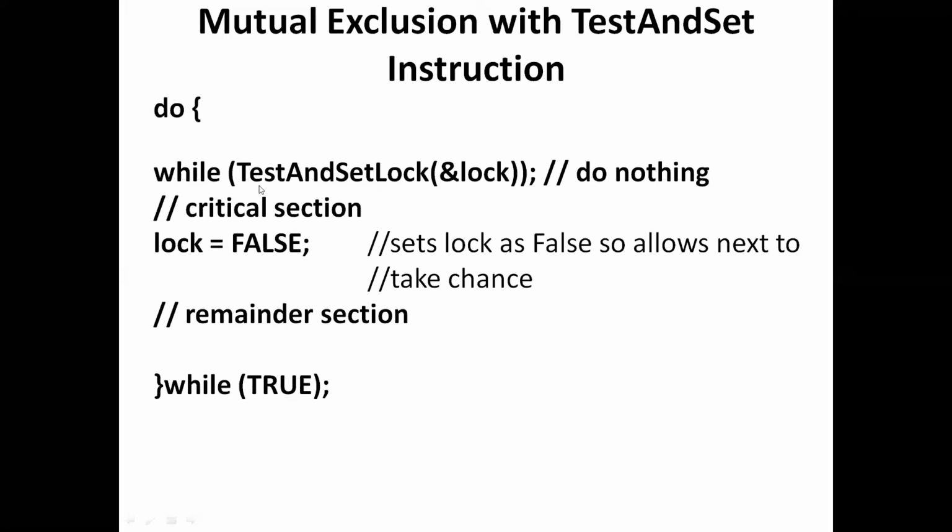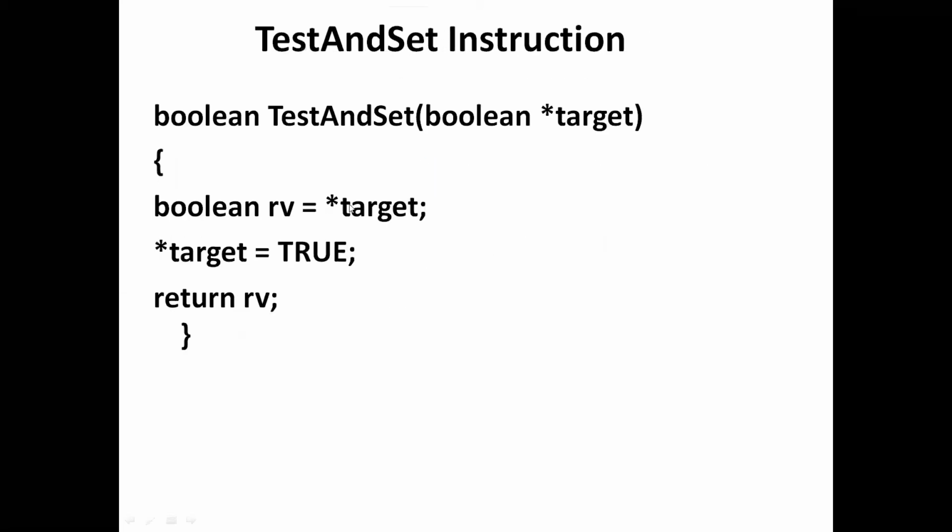After completion of execution of the critical section, process 0 sets the lock to false again. Initially, when we executed this statement, the lock had the value false. After calling this function, we set the lock value to true.